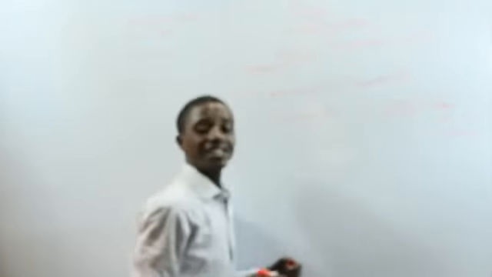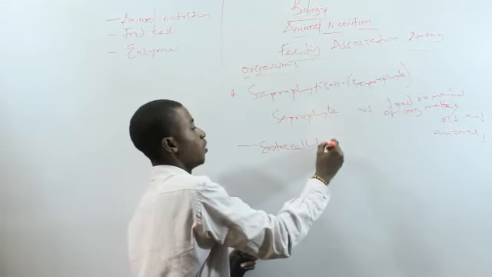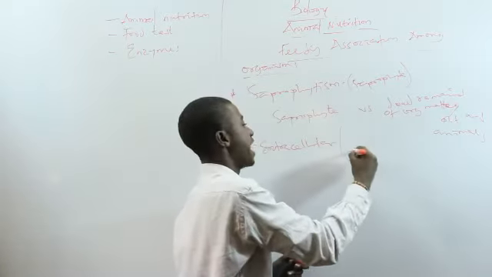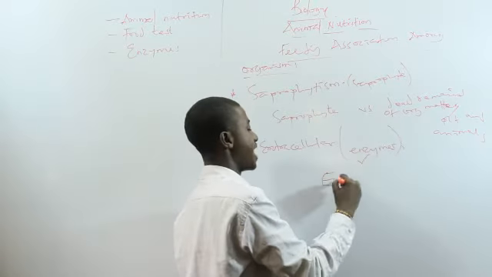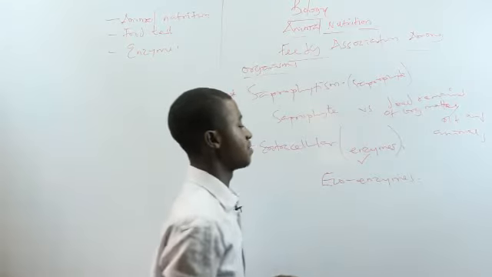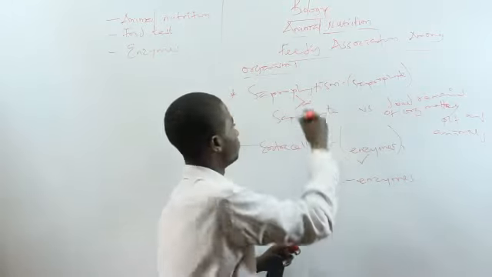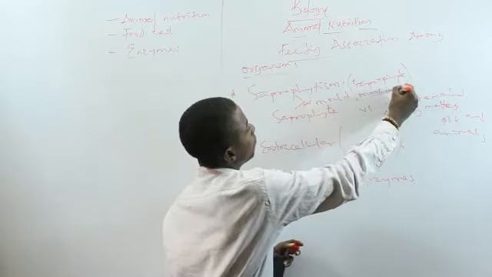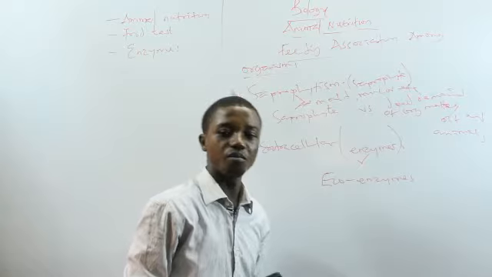Now, how do they digest their food? They digest their food extracellularly. What do I mean by extracellular? It means they digest their food on the outside, and they make use of enzymes. These enzymes are called exoenzymes. Examples of saprophytes are mold, mucor, etc. And so that's everything you need to know about saprophytism.